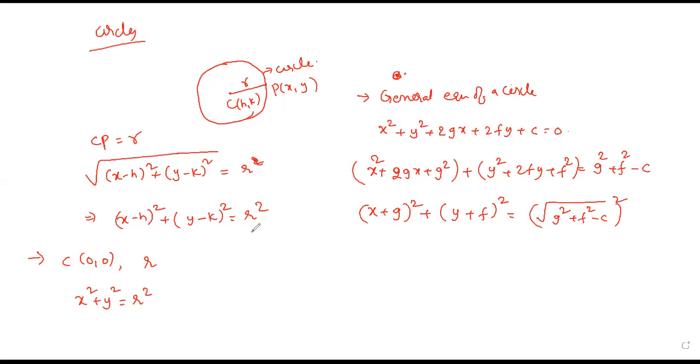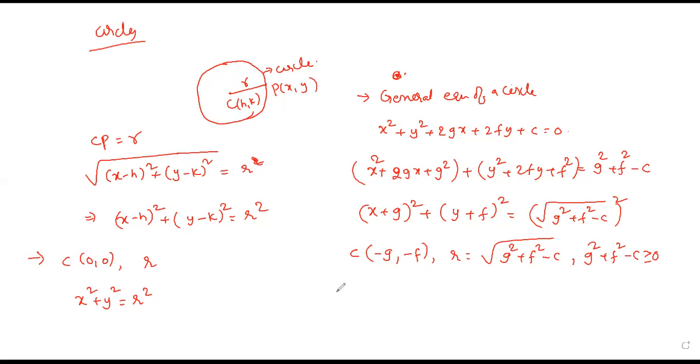By comparing this circle equation with (x minus h) whole square plus (y minus k) whole square equals r square, we get the center as (minus g, minus f) and the radius as root of g square plus f square minus c. But the condition is that g square plus f square minus c should be greater than or equal to 0. Then only we will get a real circle. So the center is (minus g, minus f) and the radius is root of g square plus f square minus c.